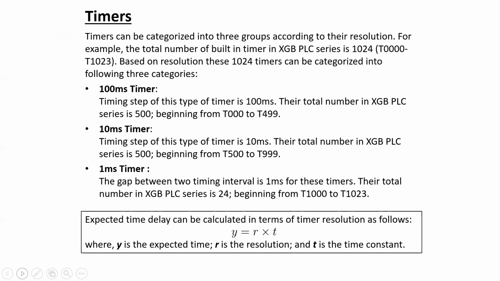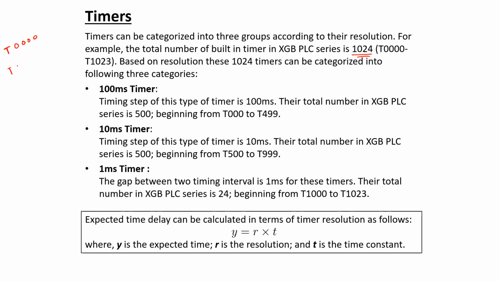Now, if I discuss the timers, for the timers, the addressing is done in a different way. So there are 1024 different timers available. However, their addressing only contains the word numbers. Each bit is not represented individually.